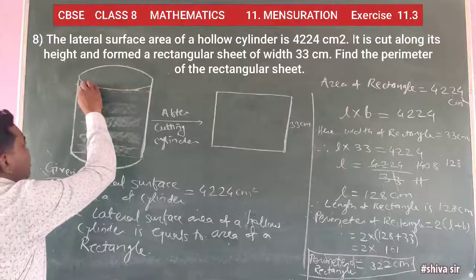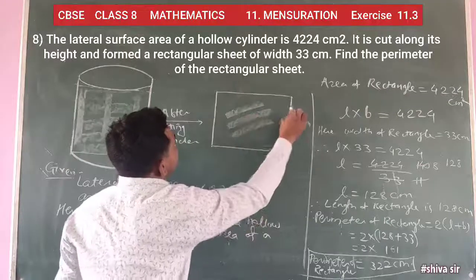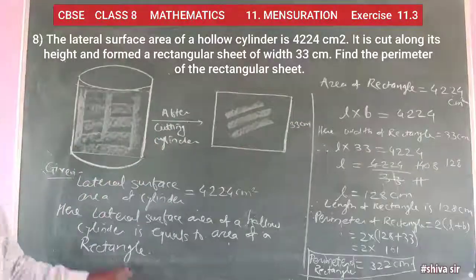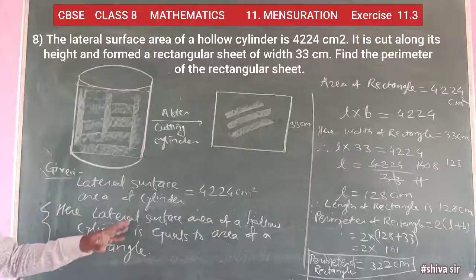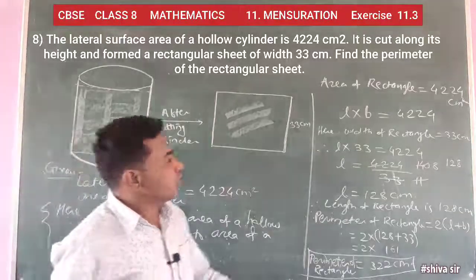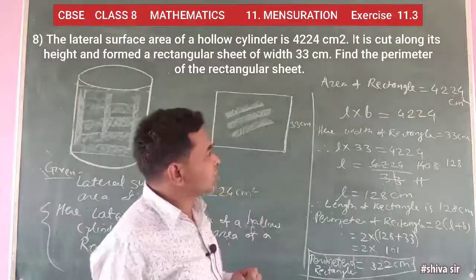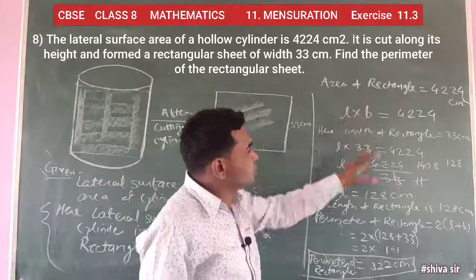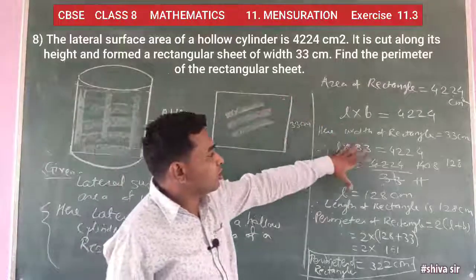So the lateral surface area of the cylinder is equal to the area of a rectangle, and just simply write down this here. Lateral surface area of a hollow cylinder is equal to the area of a rectangle. So therefore area of a rectangle is L into B, equal to 4224, and B means width of the rectangle, that is the breadth of the rectangle.